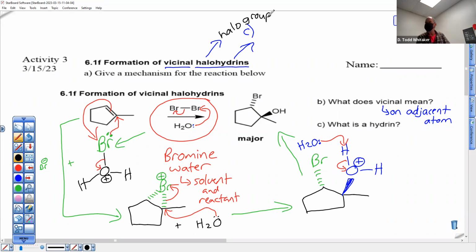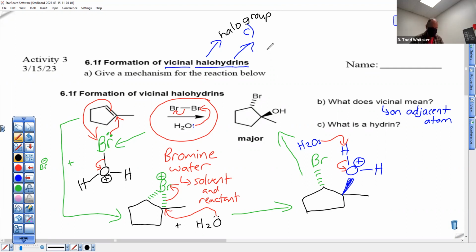Halo, how about a halo group? Chloro, bromo, iodo, they end with O. Hydrin must be the other new thing. You already know the name of the other new thing. It's one of our 8 functional groups. Yeah, it's not 8. It's 14 functional groups. You knew 3 alcohols, 3 amines, 3 amides. What started as 8 group? Yeah.